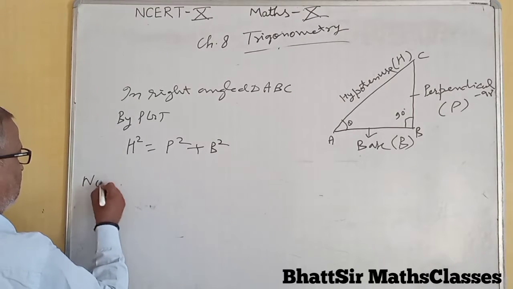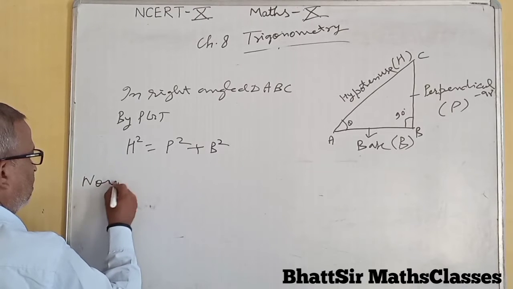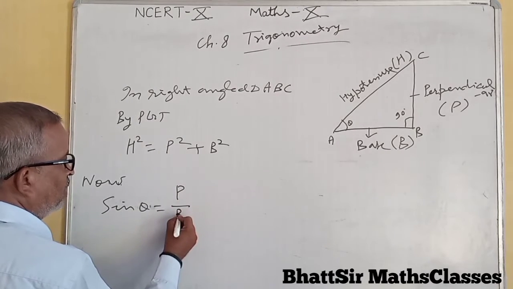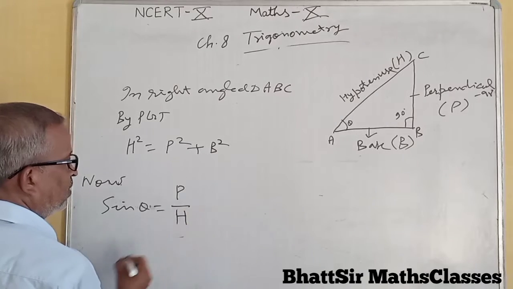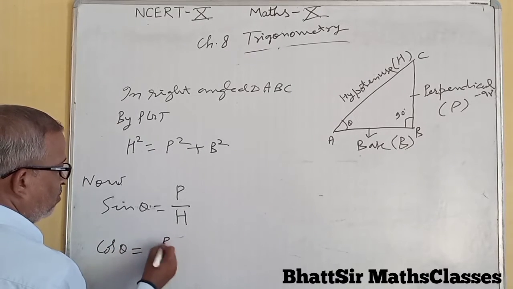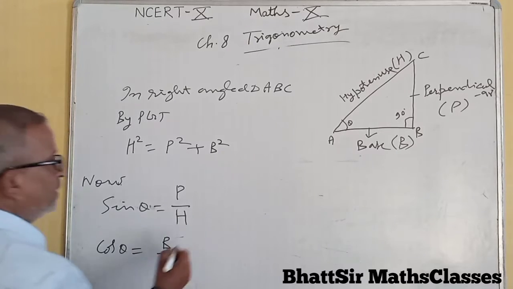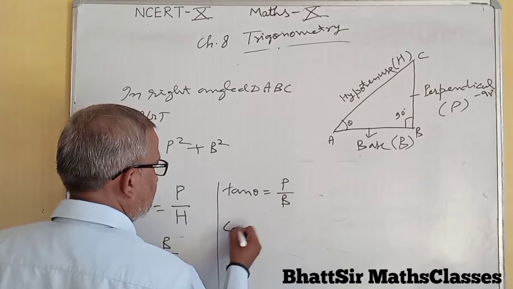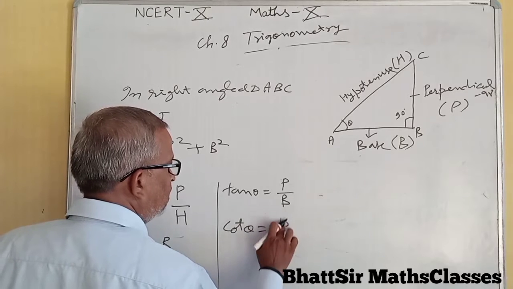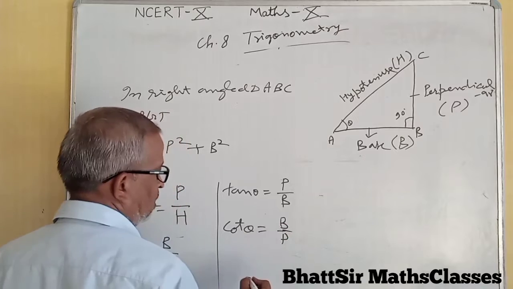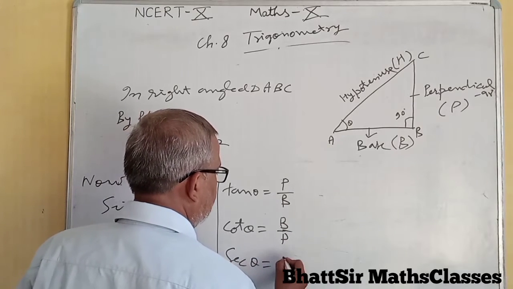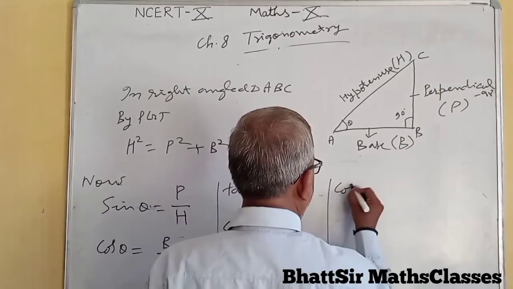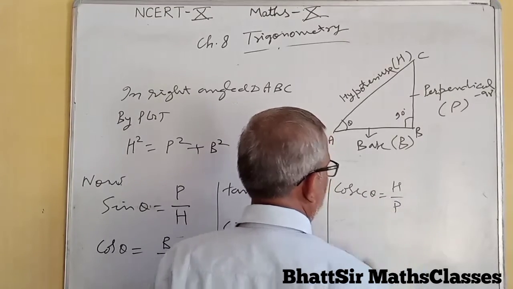Now, sin theta is perpendicular over hypotenuse, cos theta is base over hypotenuse, tan theta is perpendicular over base, cot theta is base over perpendicular, sec theta is hypotenuse over base, cosec theta is hypotenuse over perpendicular.